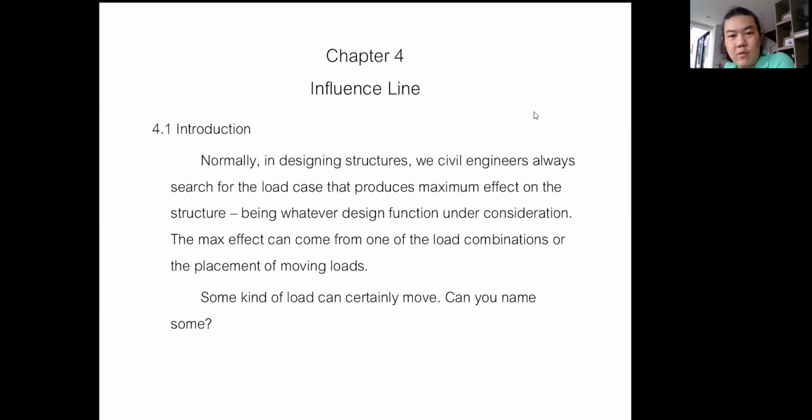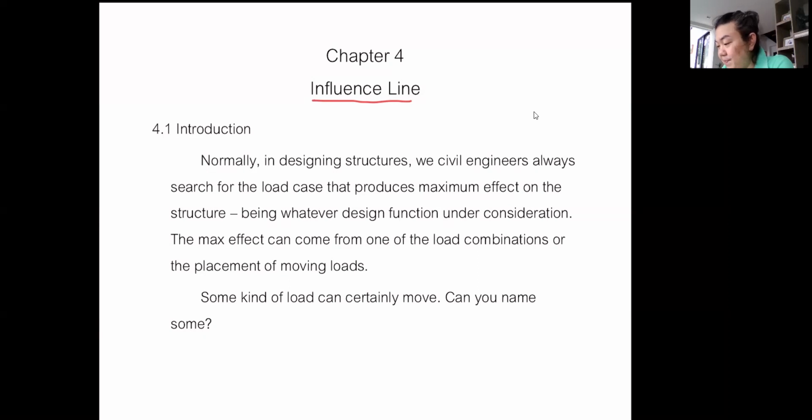Right. We have to learn about the thing that we can call the influence line. What is it? Normally, when you design a structure, there are two things you need to consider. First, it's sort of hidden somewhere in the class. You will be exposed to it predominantly in the next semester.